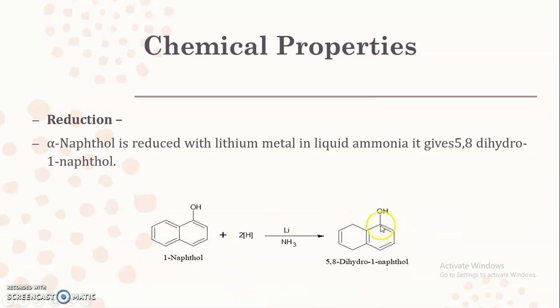Remember that the ring where the hydroxyl group is present remains as it is, while the second ring gets saturated, where the 2 carbon atoms at the 5th and 8th position are converted into saturated carbon atoms, which leads to the formation of 5,8-dihydro 1-naphthol.